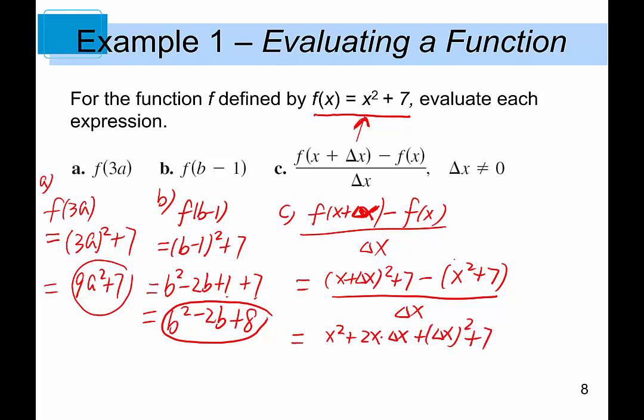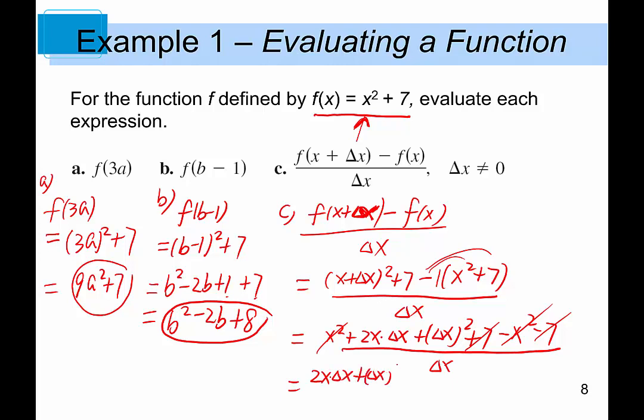When you expand the second parenthesis, put in an invisible 1 and distribute: minus x squared minus 7. In that case, we cancel x squared, and we cancel 7. So the final result is 2x delta x plus delta x squared over delta x. Then we cancel delta x, and we're going to end up with 2x plus delta x.